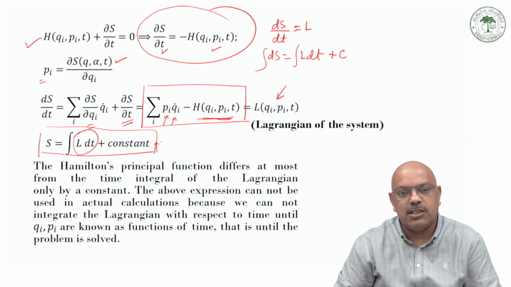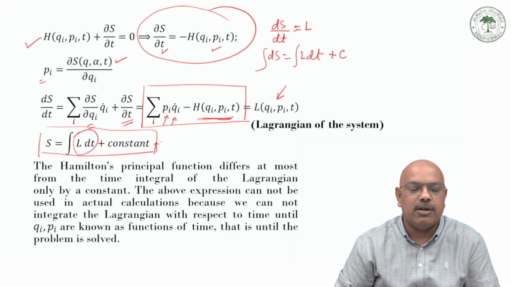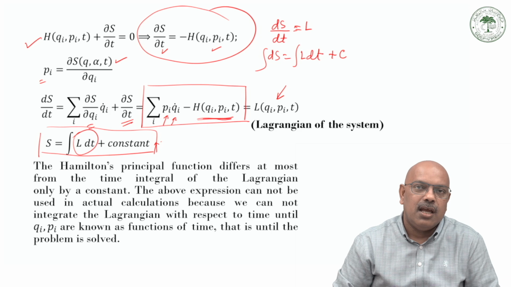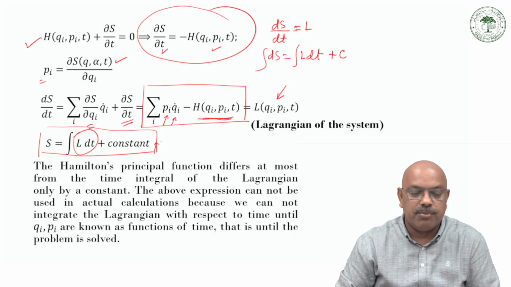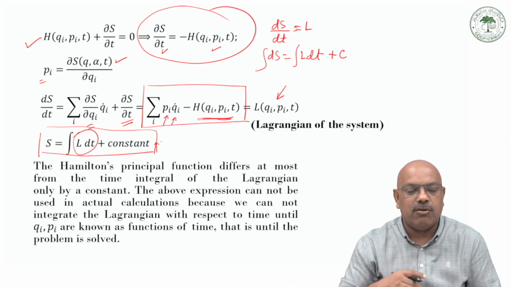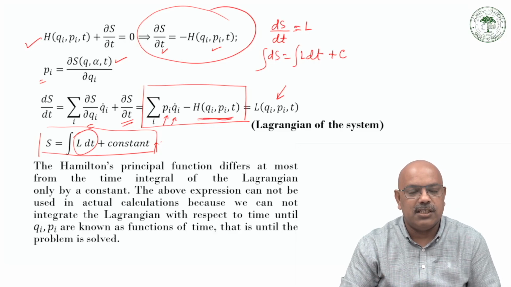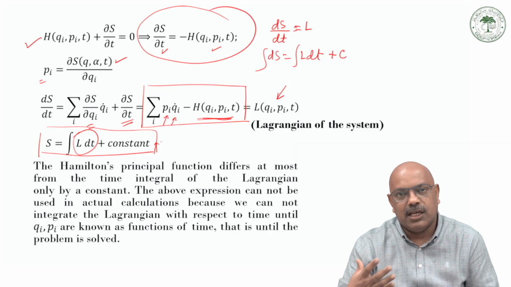That is why it is not possible to calculate your Hamilton principal function by just integrating your Lagrangian with respect to time. Okay, so physically your Hamilton principal function is nothing but the time integral of the Lagrangian of the system plus some constant of integration.